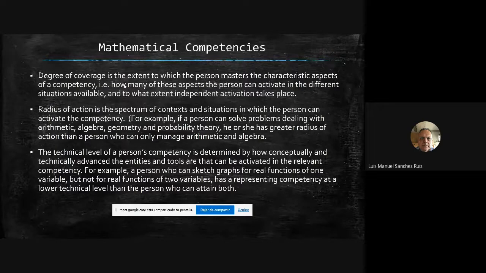And finally, the technical level of a person's competency is determined by how conceptually and technically advanced the entities and tools are that can be activated in the relevant competency. For example, a person who can sketch graphs for real functions of one variable, but not for two variables, has a representing competency at a lower technical level than the person who can do both.